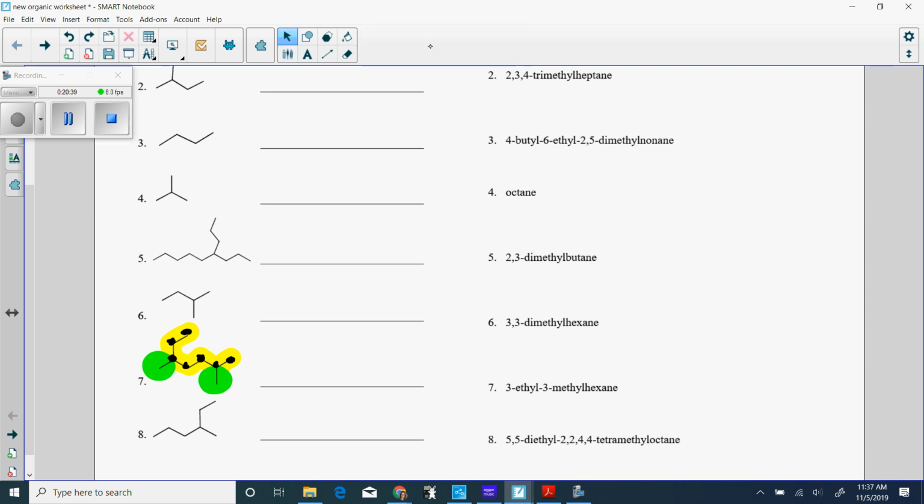Counting to make the smallest number for your substituents. Forward gives me 1, 2, 3, 4, 5, 6, 7, or, what was that, 3, 6? Or 1, 2, 3, 4, 5, 6, 7. So 2, 5 is smaller than 3, 6. Numbers go first. They're twins. Twins get prefixes. What are they? And how many?